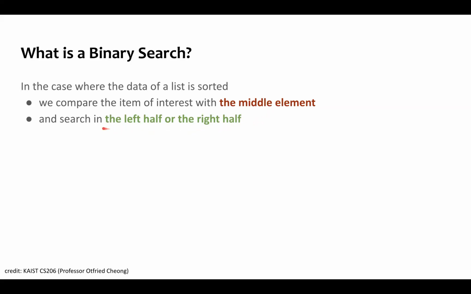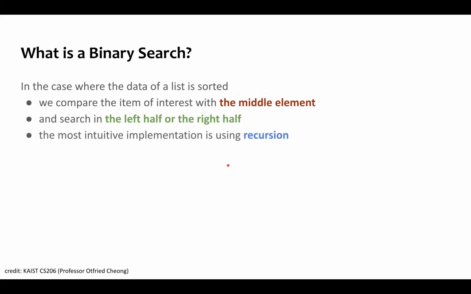Otherwise, we search in the left half or the right half. If the value of interest, x, is larger than the middle value, then we search in the right half. If the value is smaller than this middle element, then we continue to search in the left half, all right?